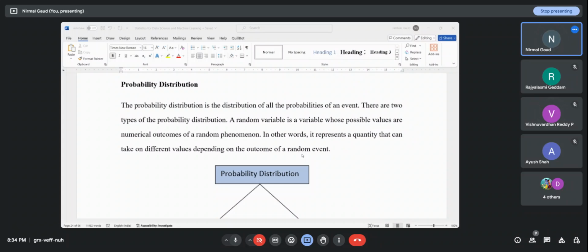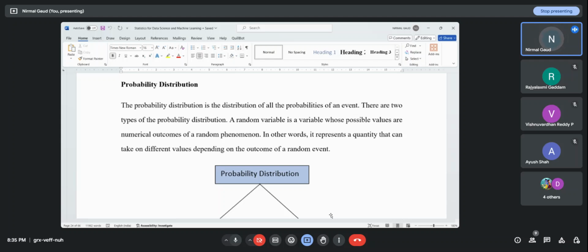We were discussing probability distribution, and what I explained is that in numerical data, we have two types of data. One is discrete, another is continuous.